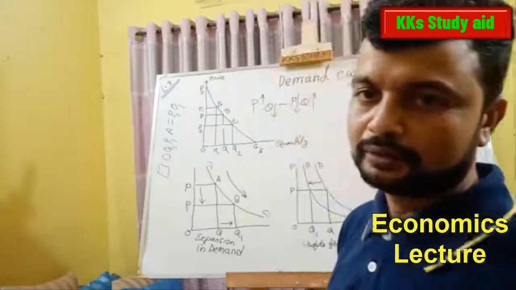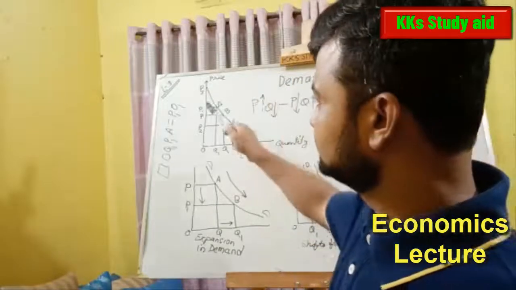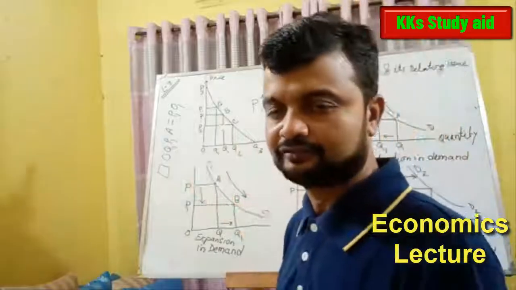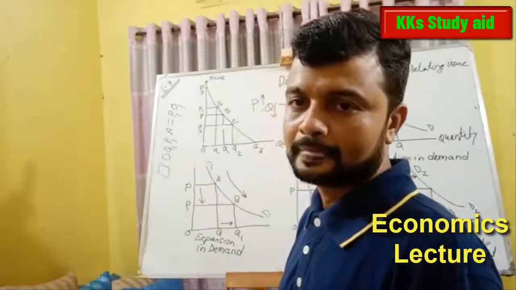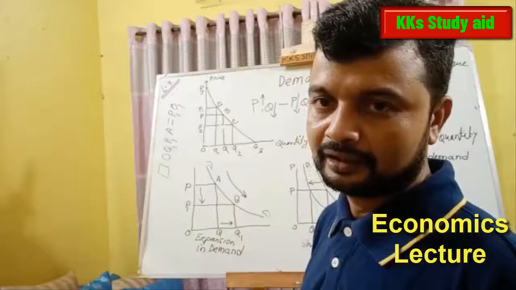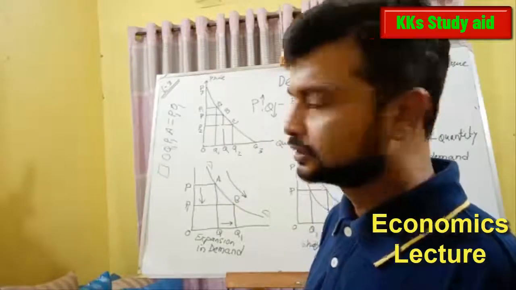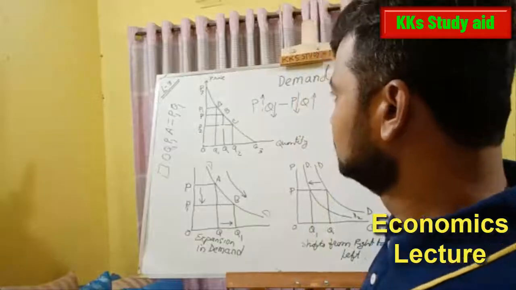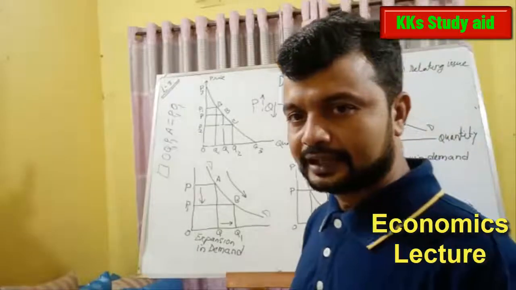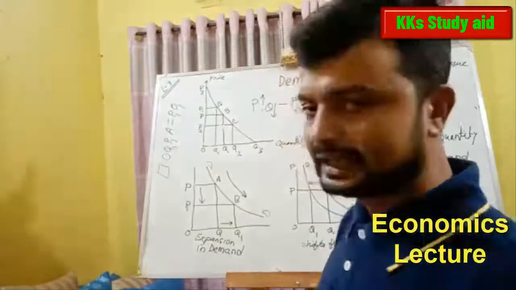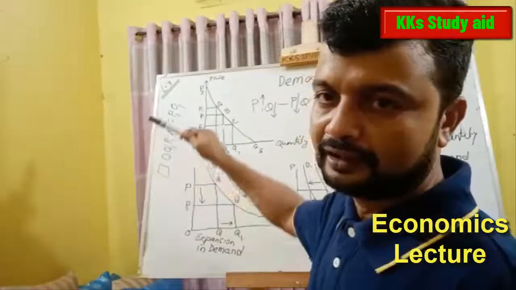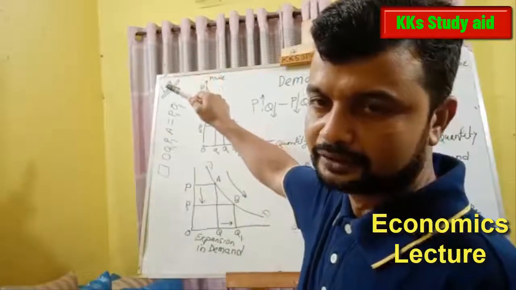Because the consumer will think this purchase to be very expensive at their present income level or with their existing purchasing capacity. So there will be no purchase at all. So it is clear here that price can rise up to a level, not more than that. The demand curve shows us this.